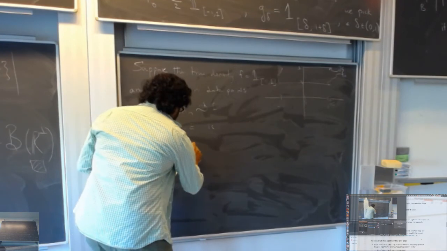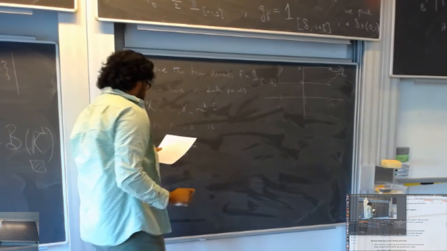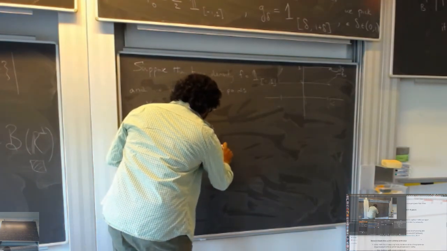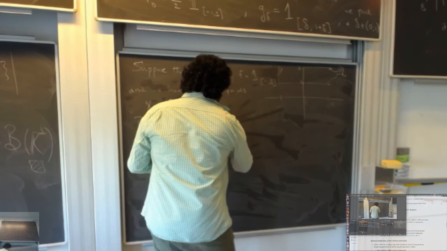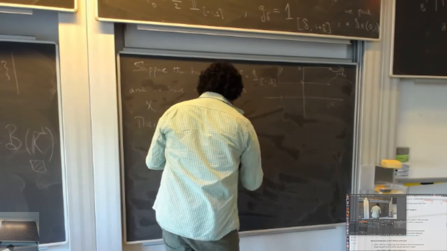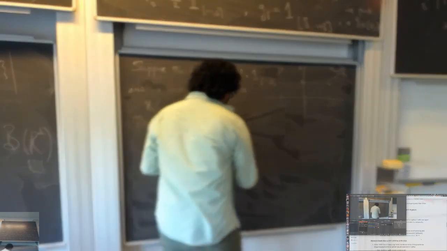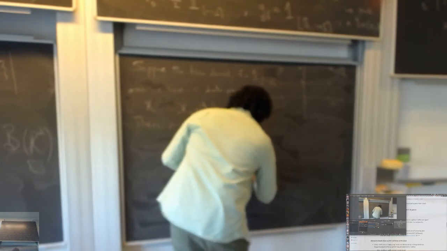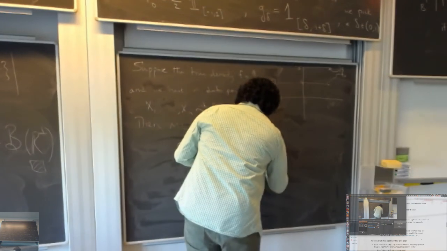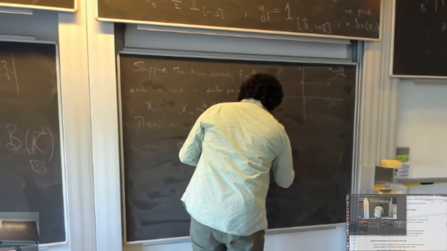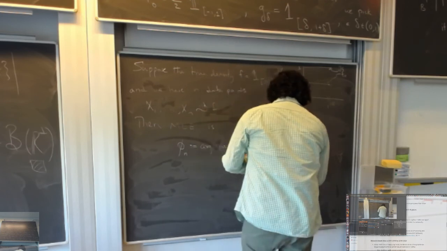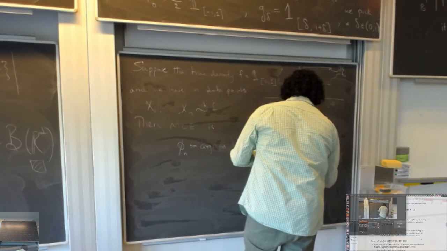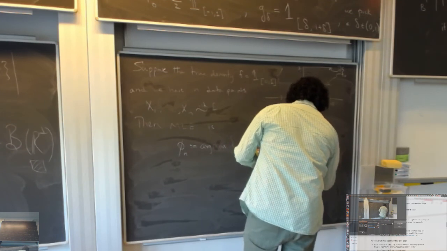So phi sub n is what I'm going to call my maximum likelihood estimate. It's simply the argument that maximizes, between f0 and g delta, the likelihood. One is going to be the product as i goes from 1 through n of f0 of x_i, and the other one is going to be the likelihood for my data points under the other density, g delta.